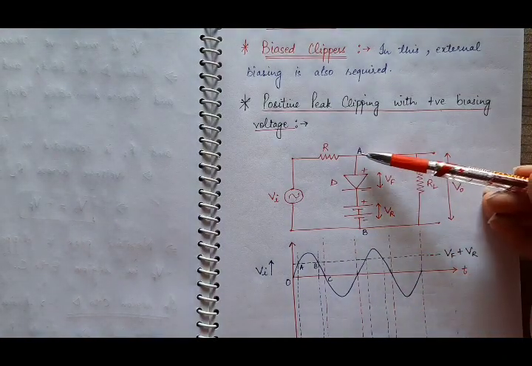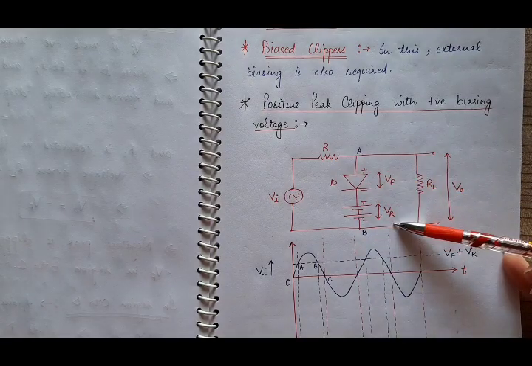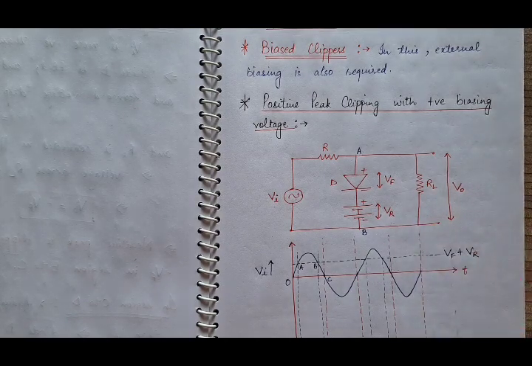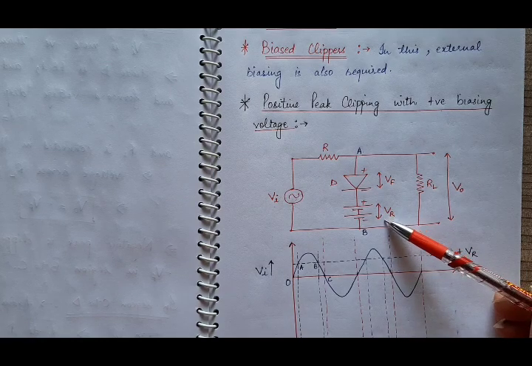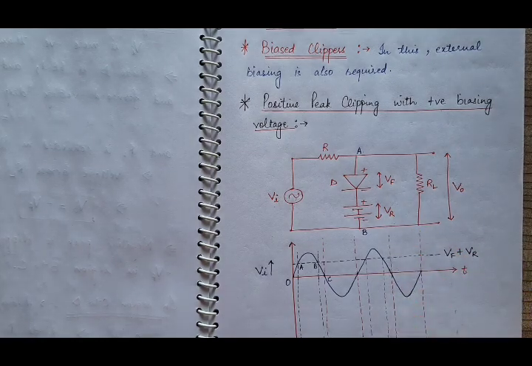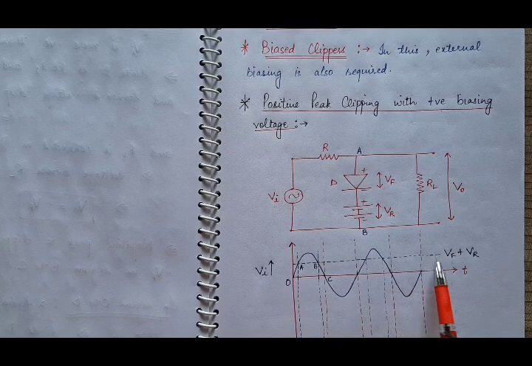So the total voltage across terminals AB is Vf plus VR. What will be the level of Vf plus VR? Vf is small but positive, and VR is also positive. So this voltage level will lie somewhere around here, above the zero level, because it will be a positive voltage.